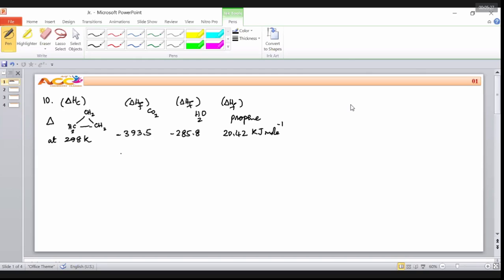The enthalpy of isomerization of cyclopropane to propene is minus 33 kilojoules per mole.